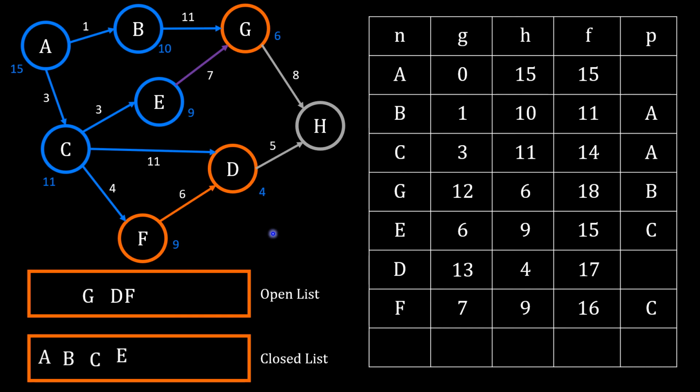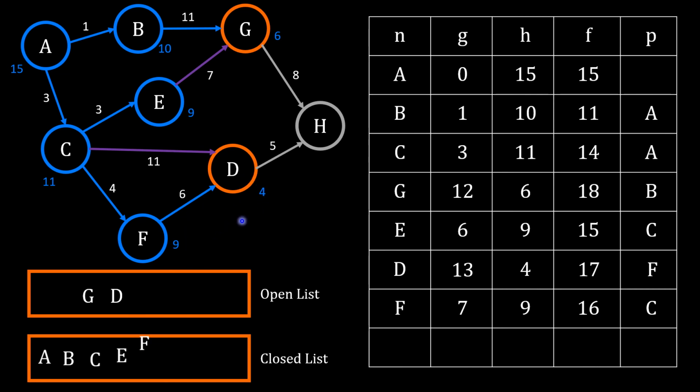We're then going to change the node D, and the reason why is because we're now looking at F. F had the lowest cost function at 16, so we're going to expand F's neighbors.